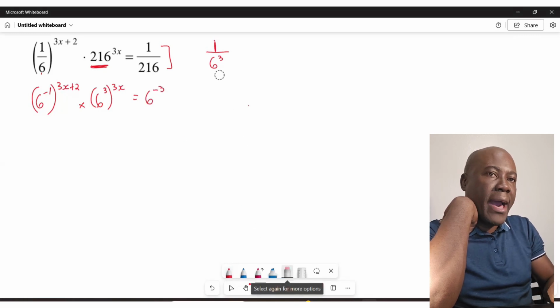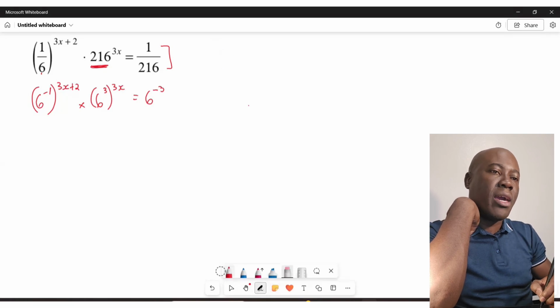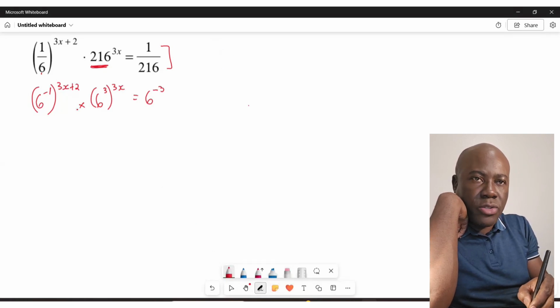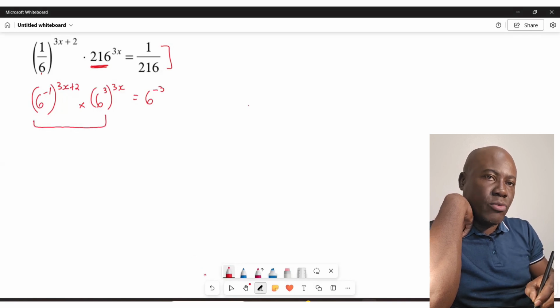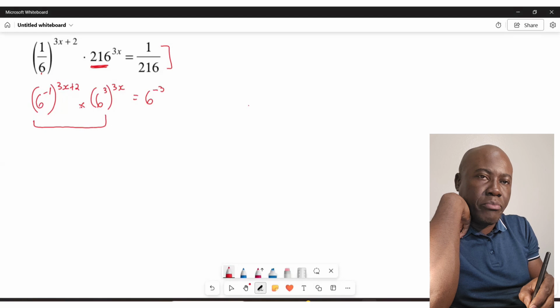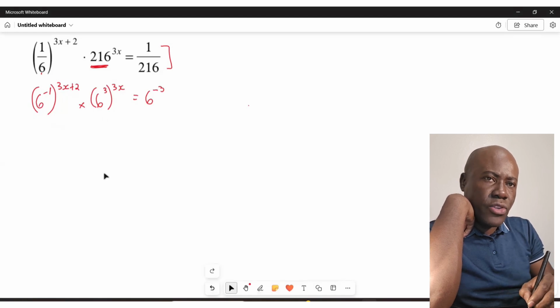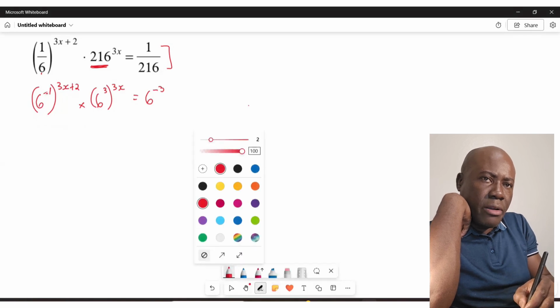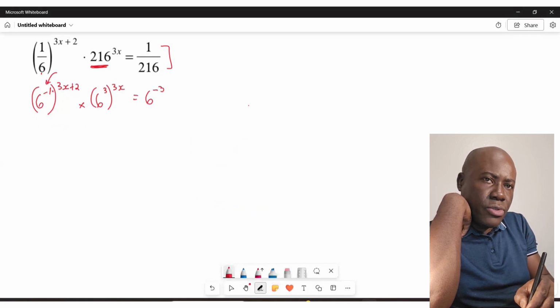All right, so having everything written in the common base of 6, what we can do now is work on this side. We do notice that we're multiplying, so let us minimize everything first. This negative 1 will be used to multiply by the exponent out here, because when a power is raised to a power, you multiply.